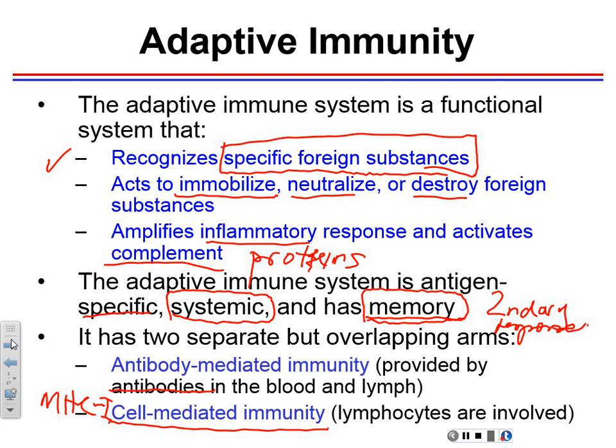When MHC2 is exhibiting an antigen on a cell, that cell is not killed. That cell will be part of the professional presenting cells that will then create other molecules like cytokines. So that cell is not marked for killing.